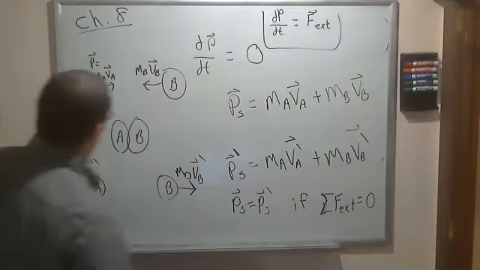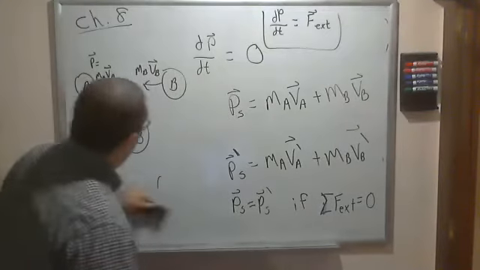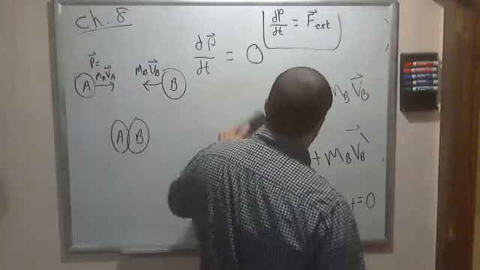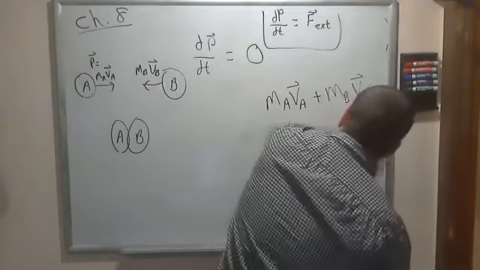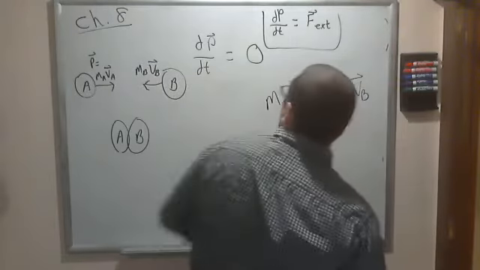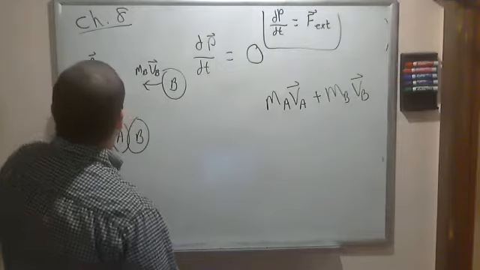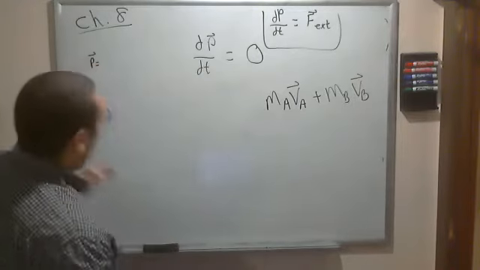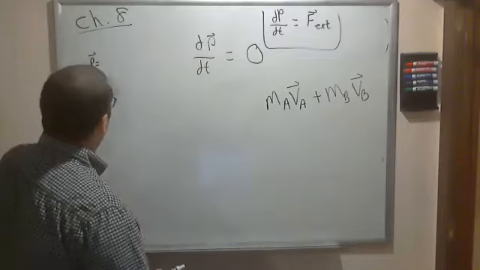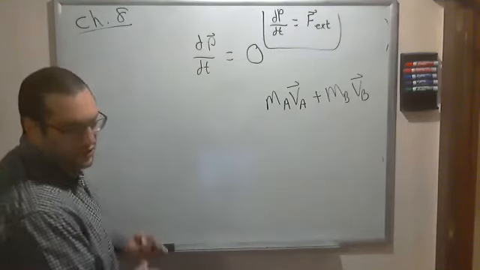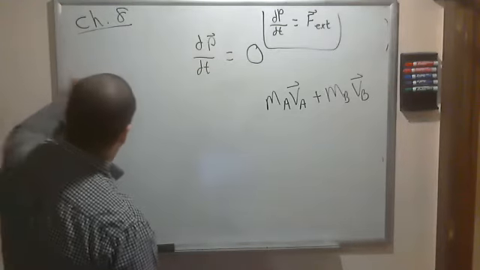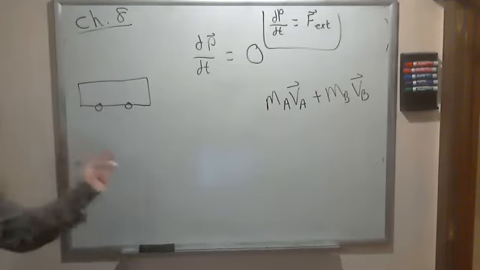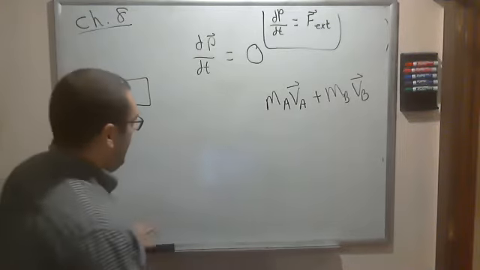Let's say we have a railroad car, right? So instead of these balls, we have a railroad car. Initially, and then before the collision. So generally these problems have two states: one before the collision and then one after the collision.